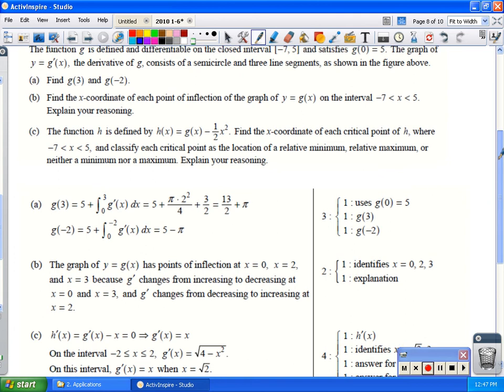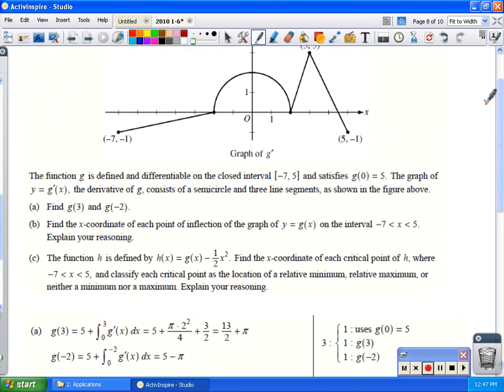Now, just when you're going from 0 to 3, here's 0, and we're going all the way to 2, we're going all the way to here. Now this part is simply a triangle, so we're going to do 1/2 base times height. That's easy. But this region right here, it is a quarter of a circle, so it's pi r squared over 4, and the radius is, what is the radius of this thing?